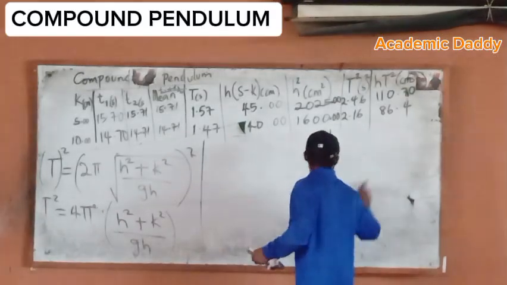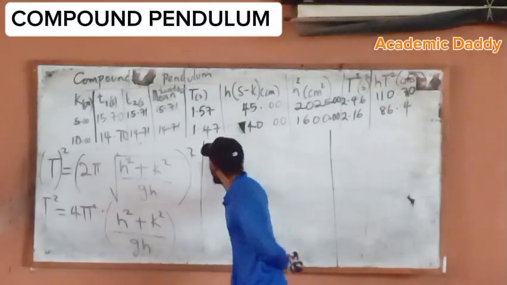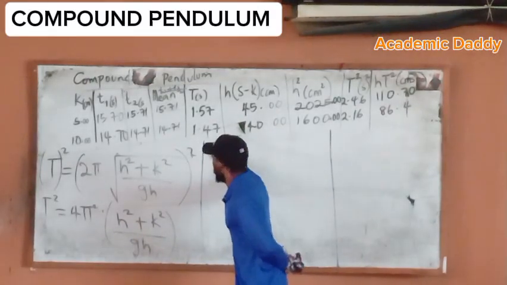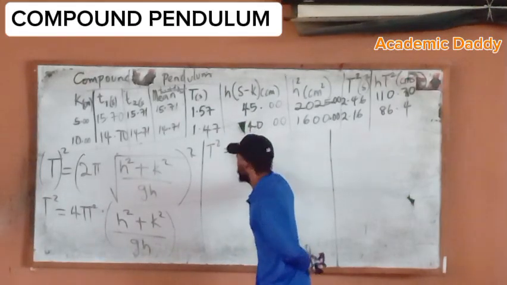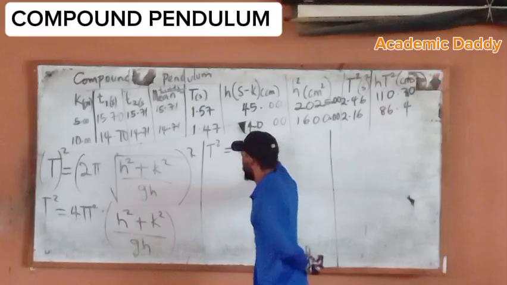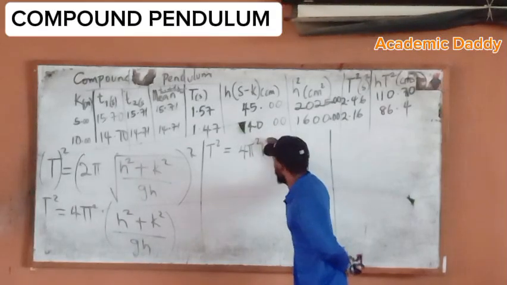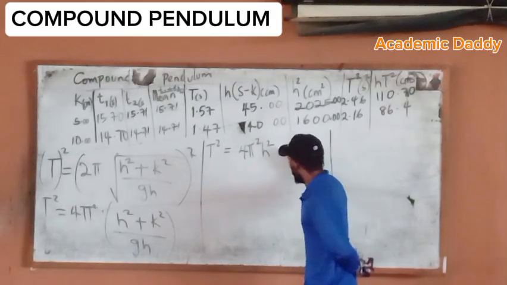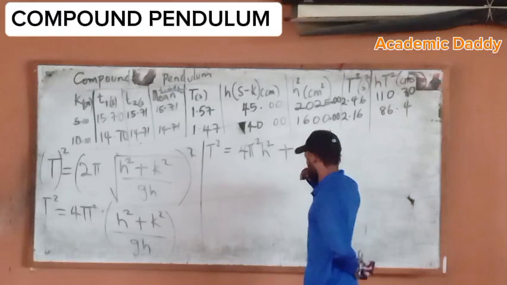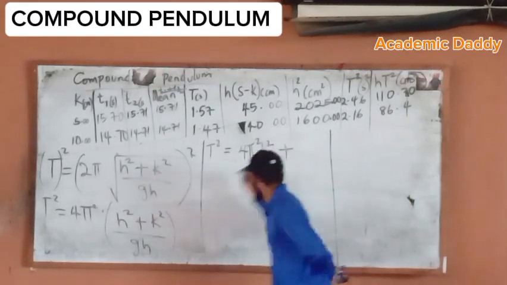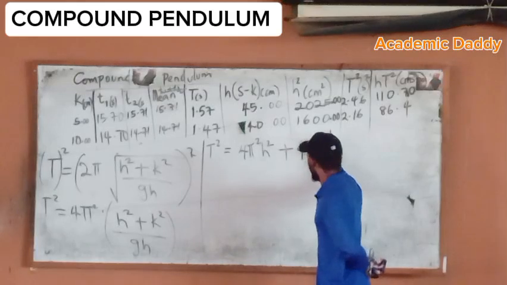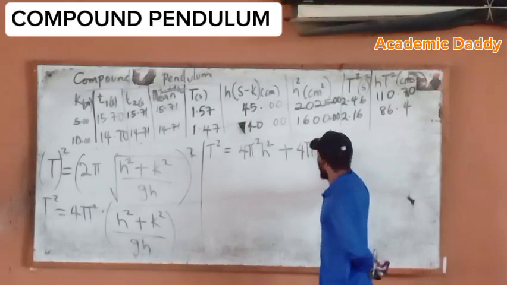So even without my graph, I can get it here. So I'll have T squared equals 4 pi squared h squared, then plus 4 pi squared k squared.